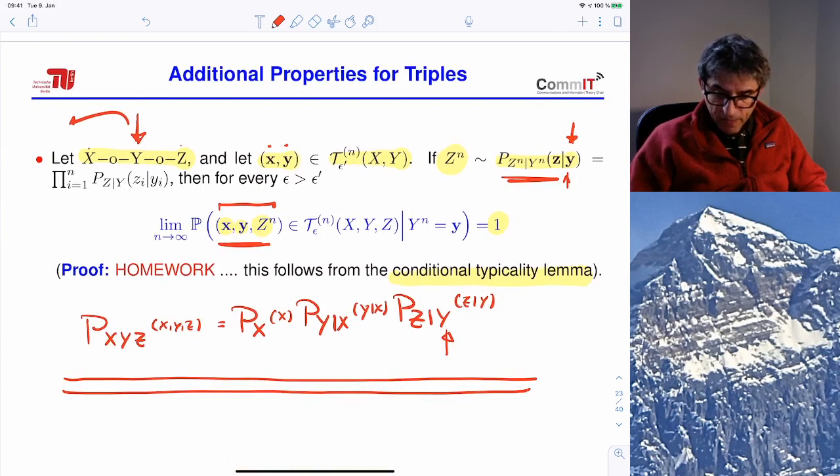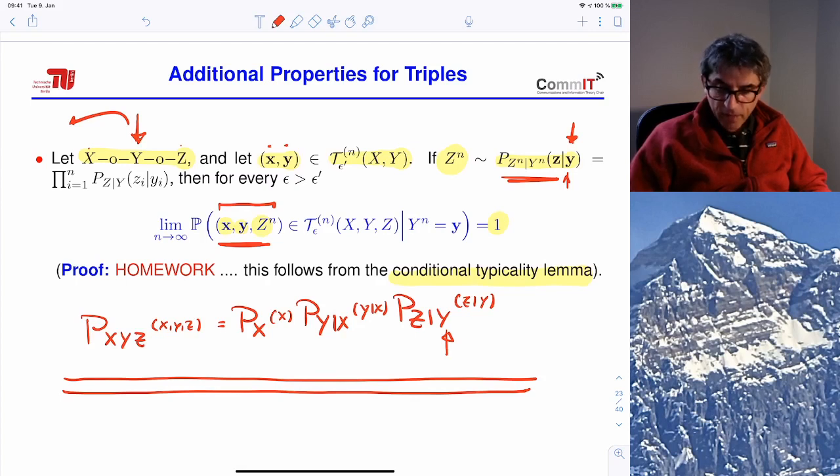That if we pick, in this case x, y, and then z. Now in the statement of the lemma, it would be u, x, and y, but you see the structure is the same. We pick the first two sequences to be epsilon prime typical.